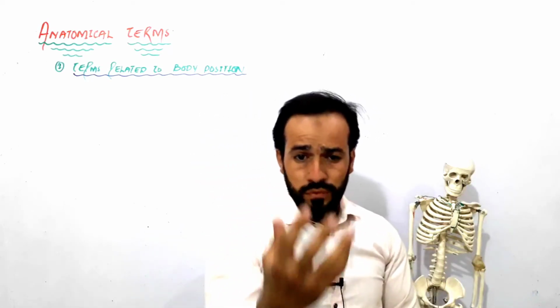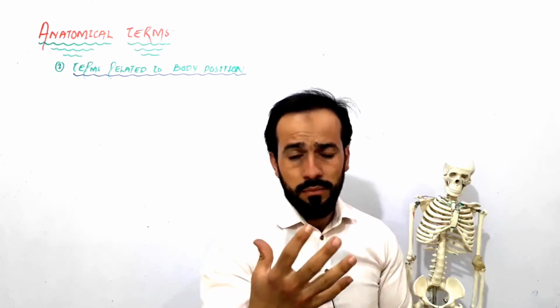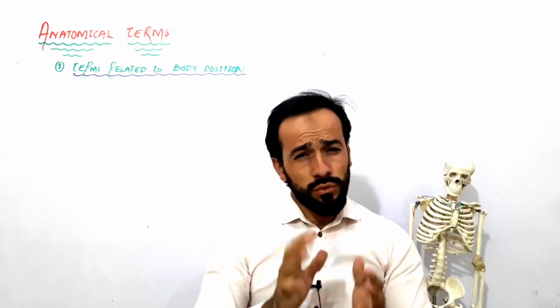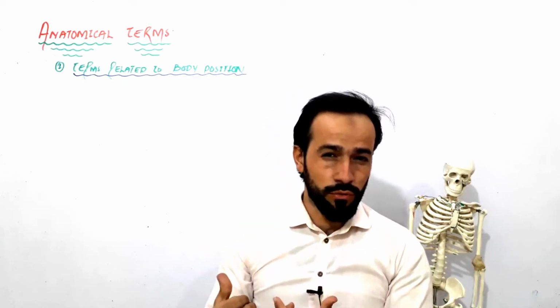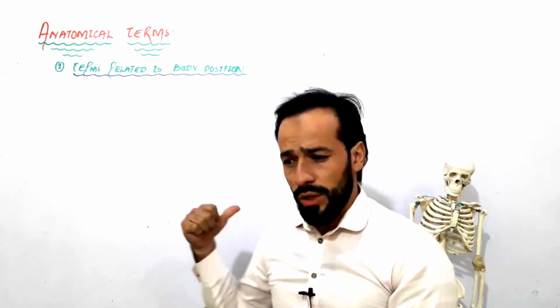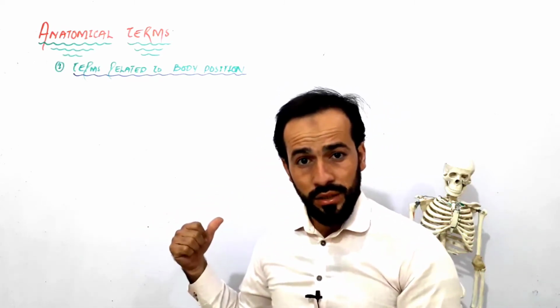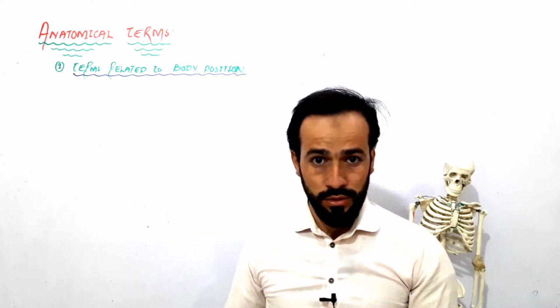You are in front of me. Or you can say, I am in front of you. So what do we call this in front in anatomical language, right? And this whiteboard, you can see the whiteboard is behind me, right? So what do we call this behind in anatomy, right?